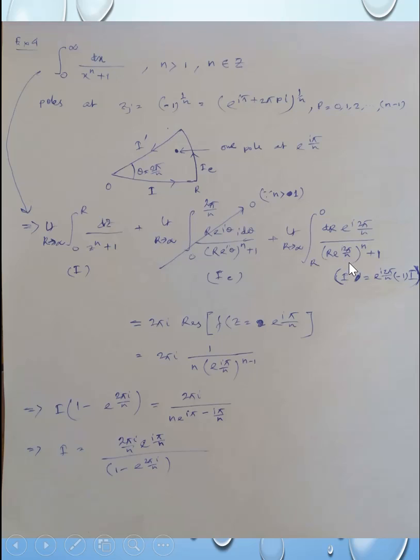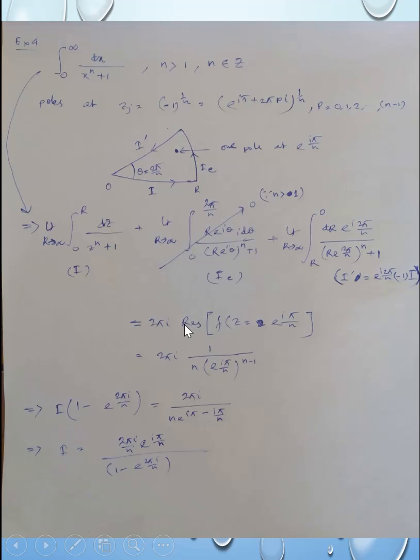So you are left with dr by r to the power n plus 1, just with the limit in a different direction. If you flip this, you get the equation: I minus I into this one. Just flip it, and this is the residue.